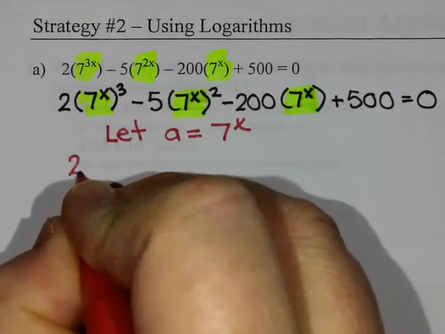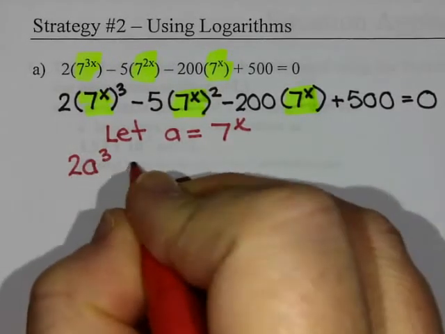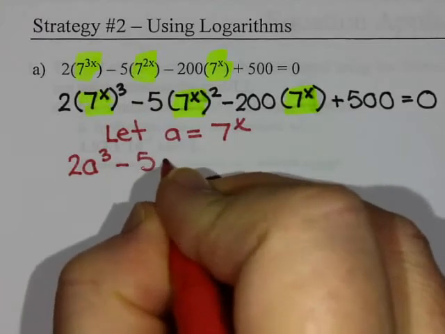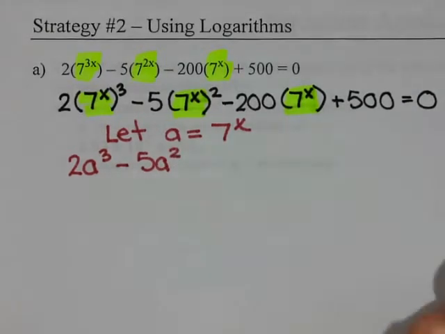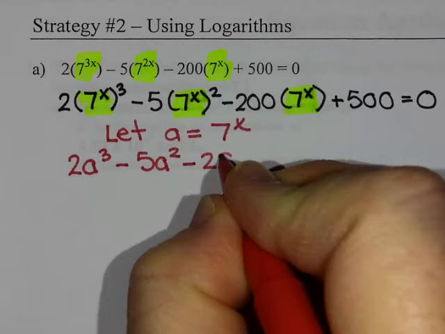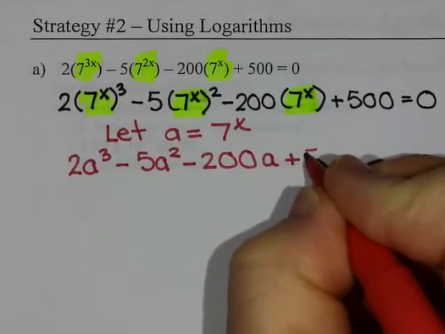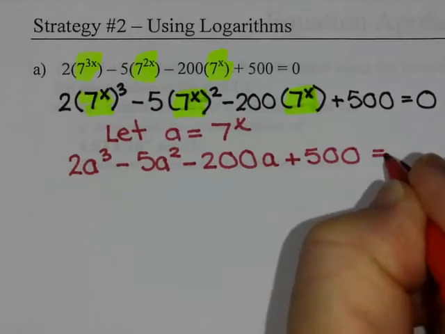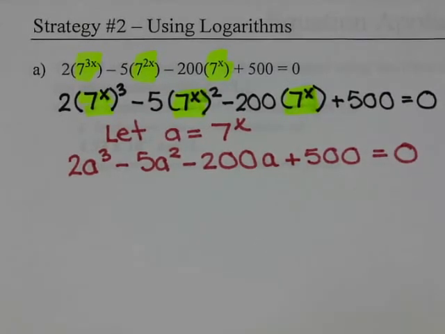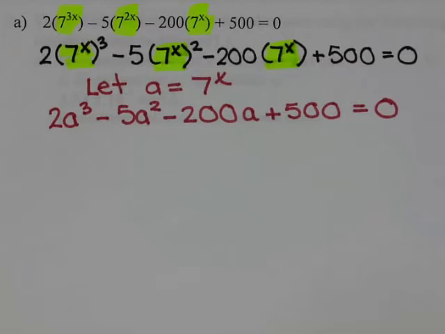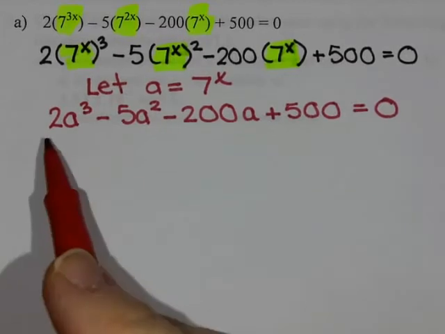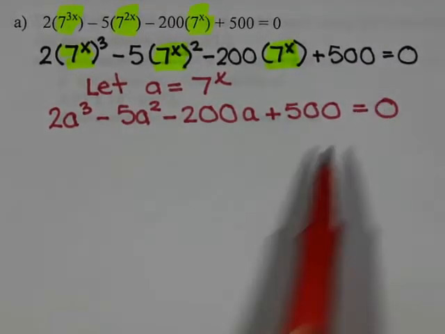So I'm going to get 2a to the power of 3 minus 5a to the power of 2 minus 200a plus 500 equals 0.